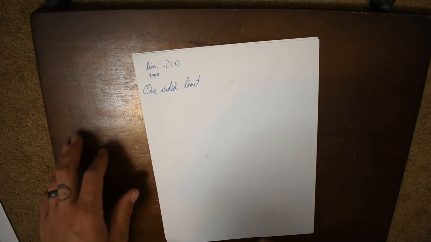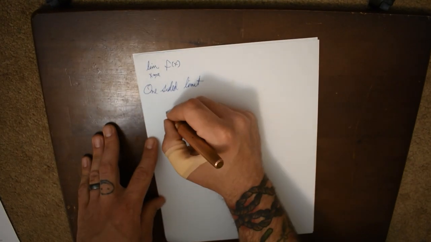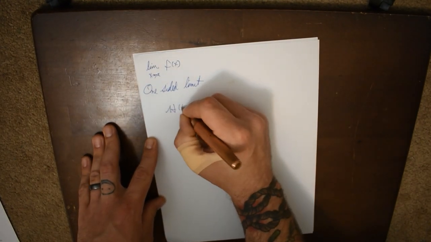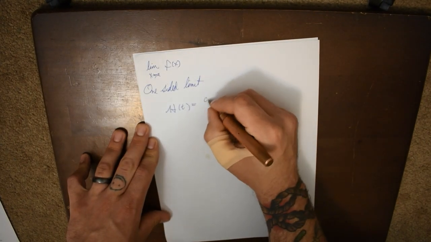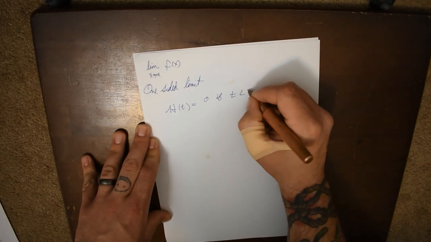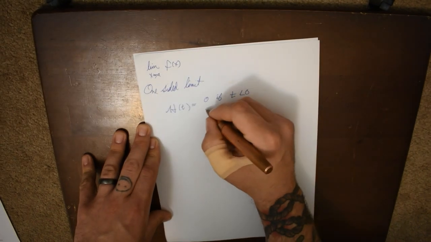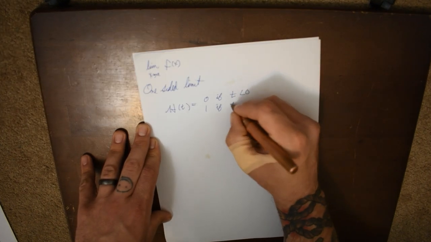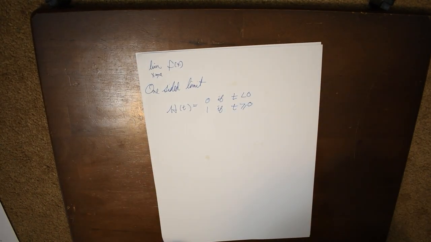A one-sided limit. So let's talk about the Heaviside function. H of t is equal to 0 if t is negative, and 1 if t is greater than or equal to 0.